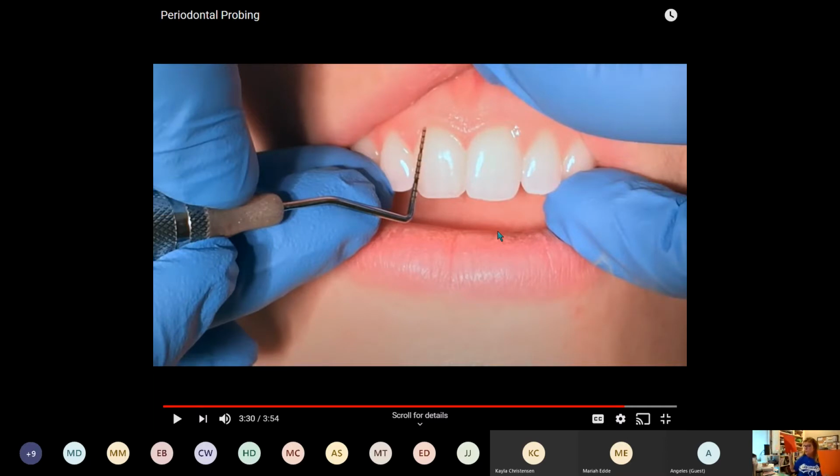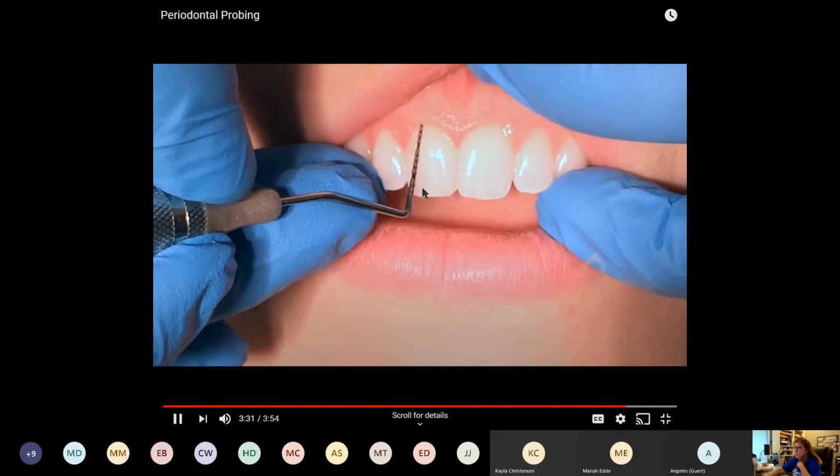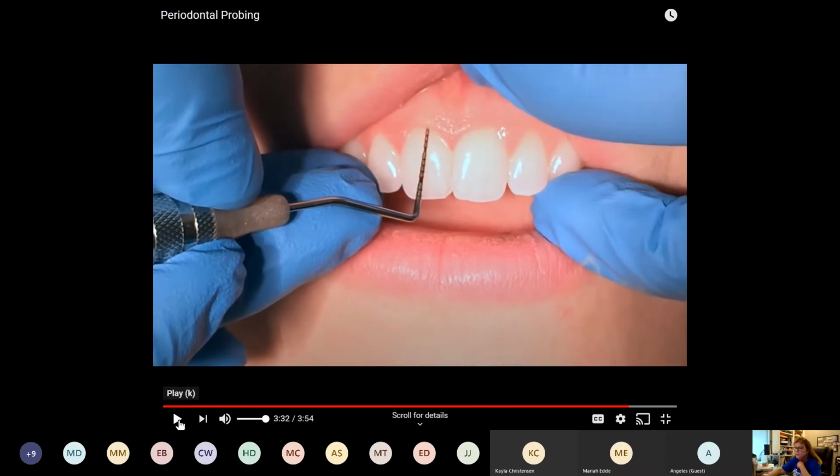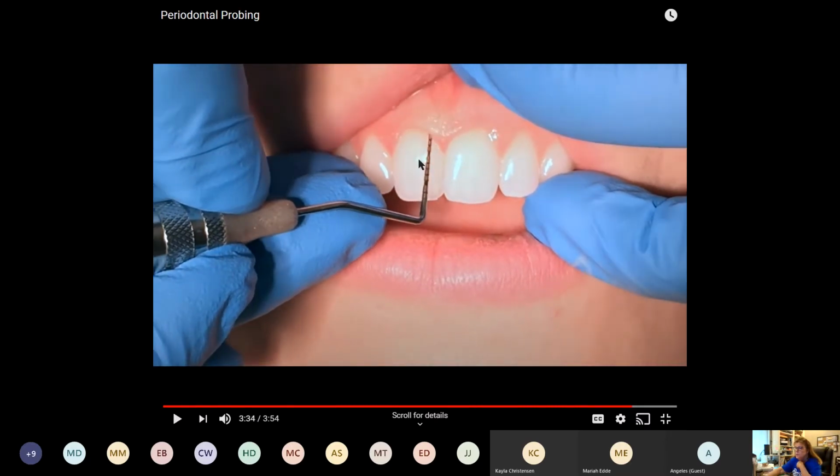Now, one thing that she does, you probably didn't catch this, she went into the distal. Blanch, blanch, blanch, blanching. She went into this distal line angle right here, and then she walked backwards. So you go from the distal line angle of a tooth all the way backwards. Then you start going forwards.